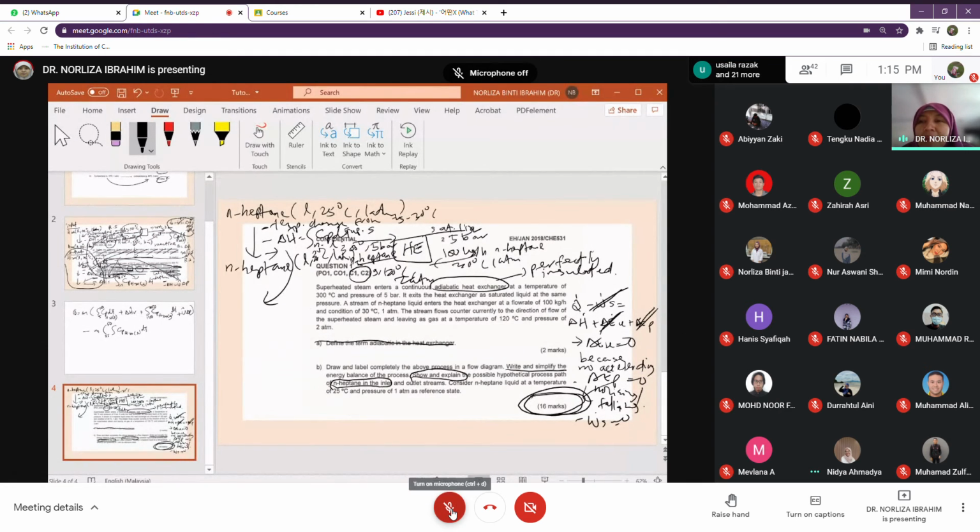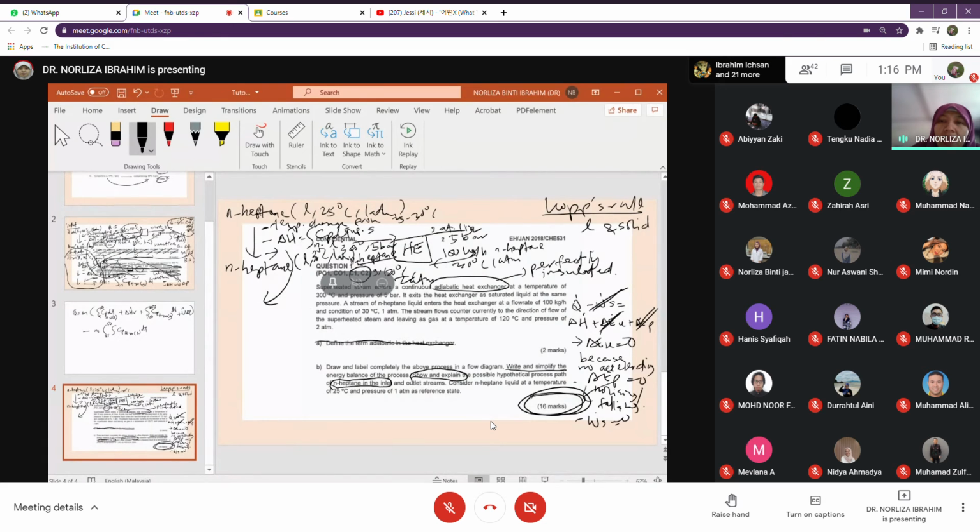Any other answer? No idea, Doctor. Kopp's rule? Yes, Azhar. Kopp's rule. That's the correct answer. Remember Kopp's rule? This is for liquid and solid. So if it's not there in table B2, then you use Kopp's rule.